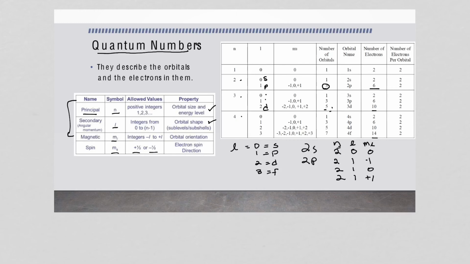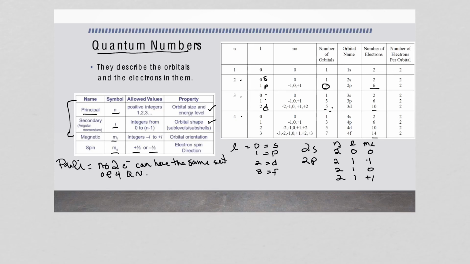And what this ensures, going back to the Pauli exclusion principle, which basically said no 2 electrons can have the same set of 4 quantum numbers.